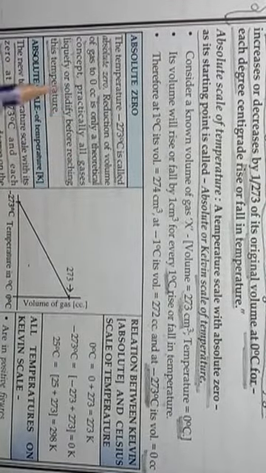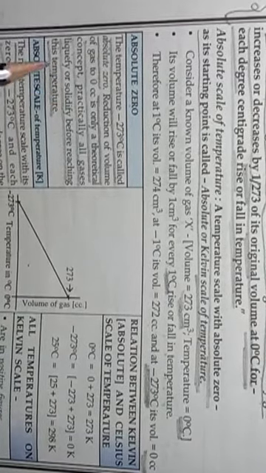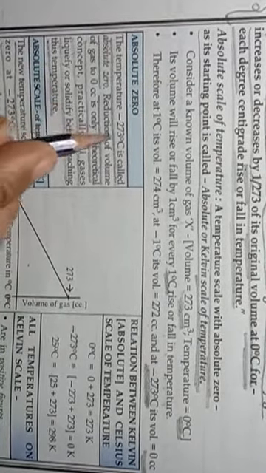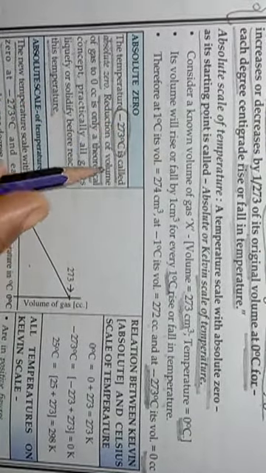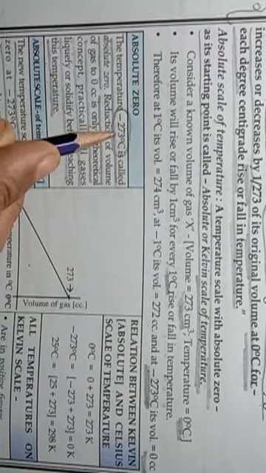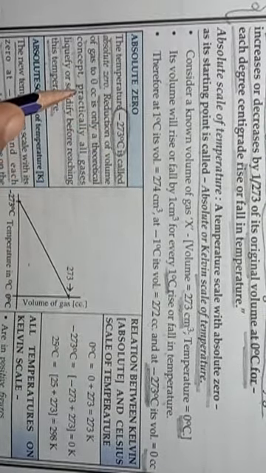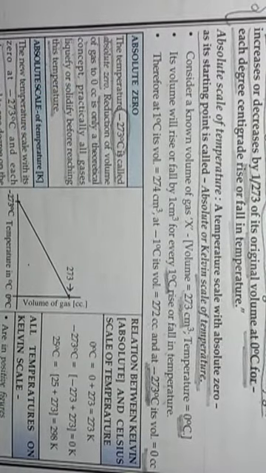Practically, all gases liquefy or solidify before reaching this temperature. So why is the minus 273 degrees Celsius concept theoretical? Because before reaching this temperature, the gas changes its physical state from gas to liquid.